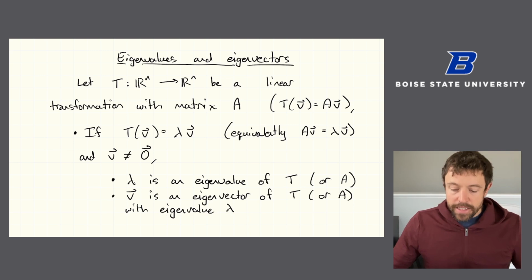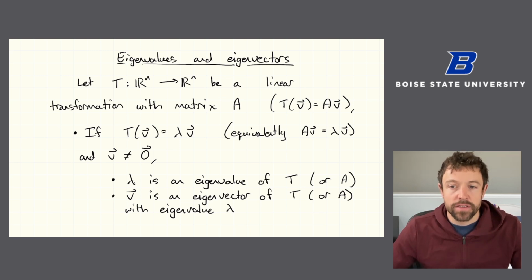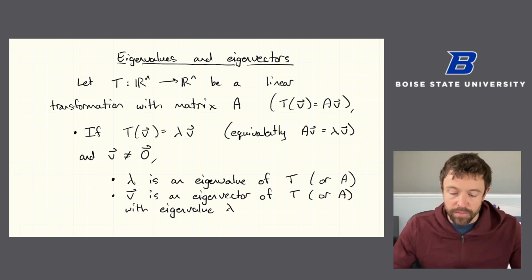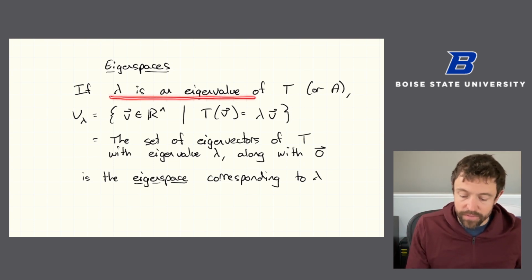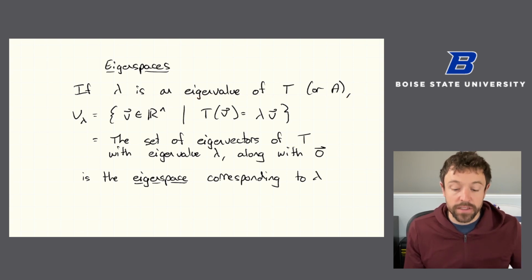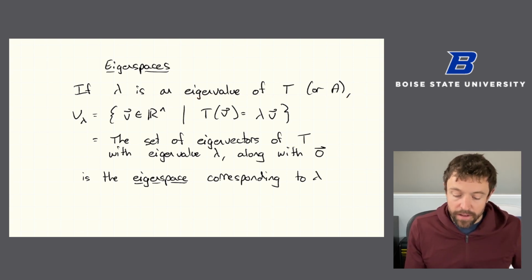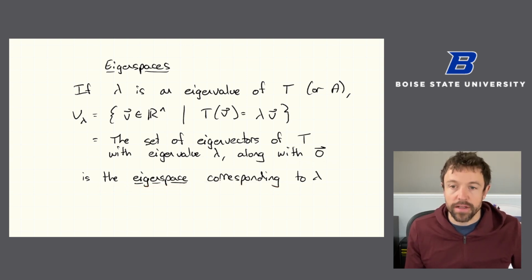The idea of an eigenspace is to look at all of the eigenvectors that have the same eigenvalue. So when we have an eigenvalue of a linear transformation or of a matrix, the set of all eigenvectors with eigenvalue lambda, and we'll also throw 0 into that set, is the eigenspace corresponding to lambda.